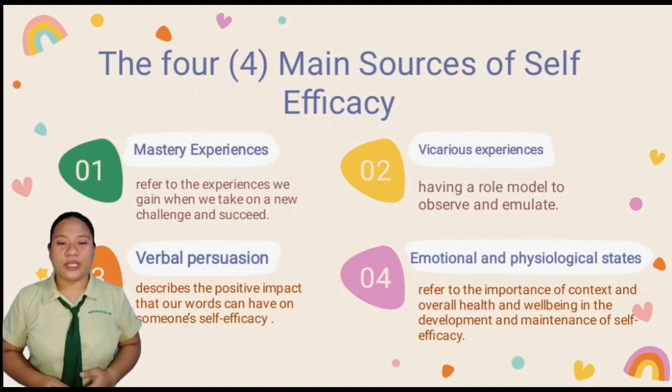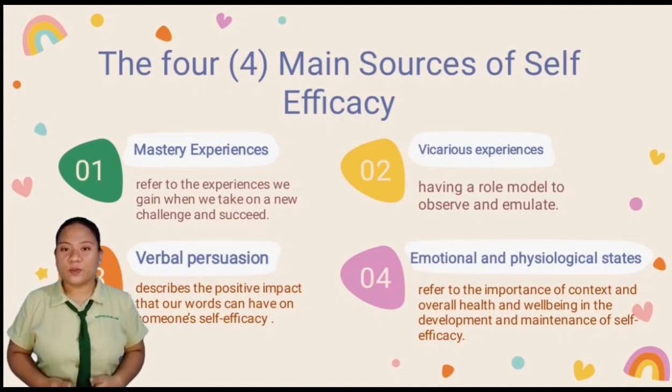The simple definition of a vicarious experience is having a role model to follow and imitate. When we are exposed to positive role models who exhibit a healthy level of self-efficacy, we are more likely to adopt some of those optimistic self-beliefs. The verbal persuasion factor describes the positive impact that our words can have on someone's self-efficacy.